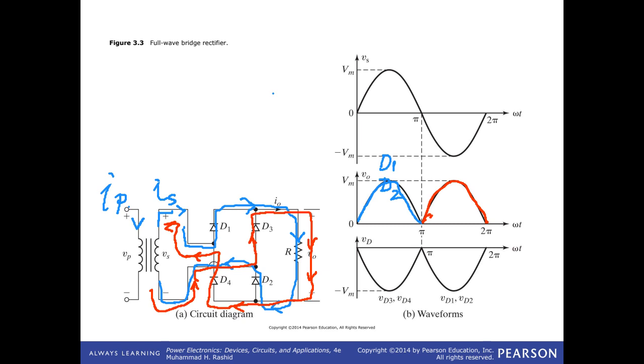Is it understood properly? If you understand properly, then D3 and D4 are conducting between those periods. If it is understood properly, we can calculate the average voltage.